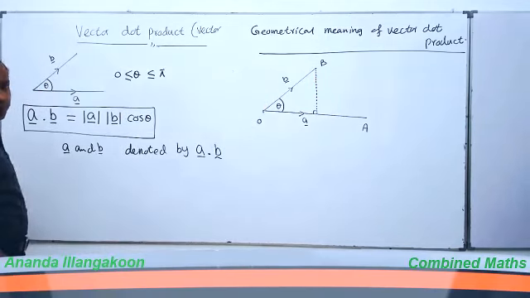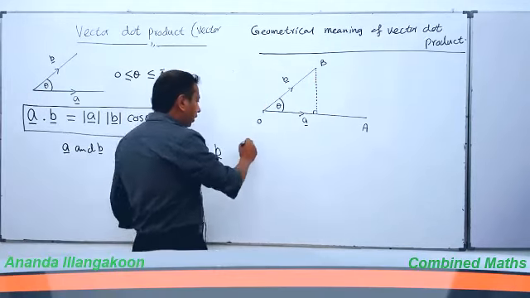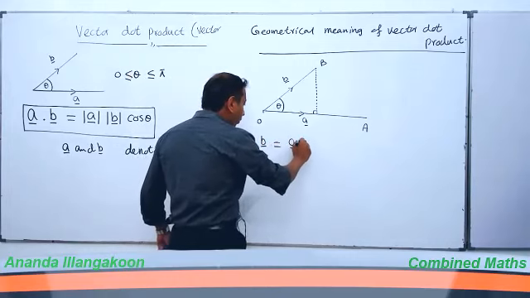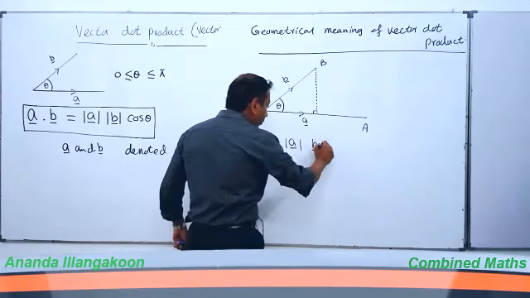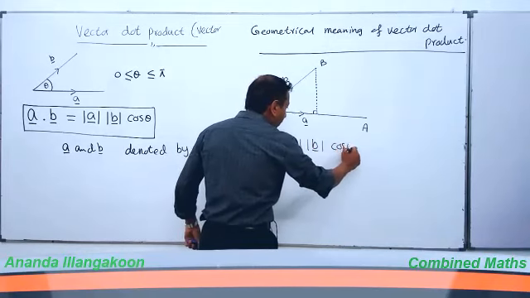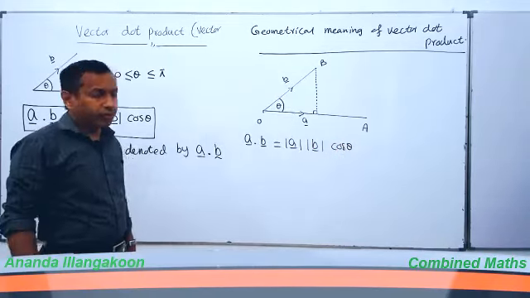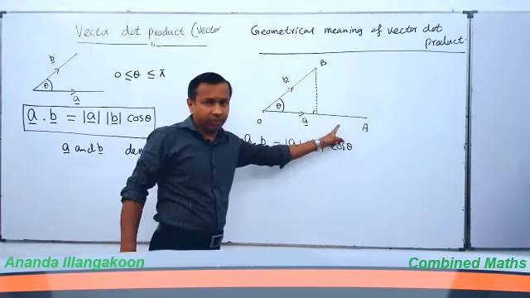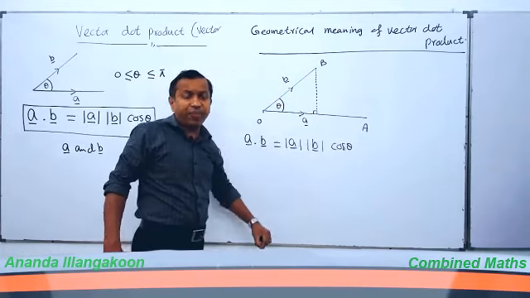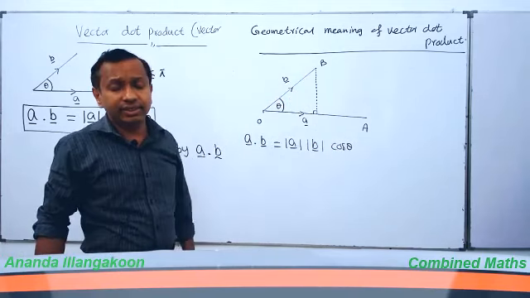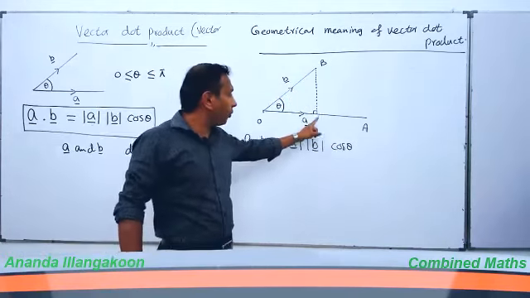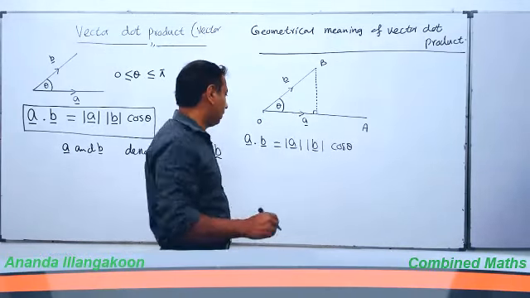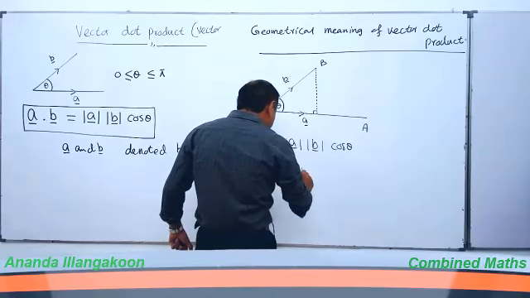Right. Now, A dot B I can write. A dot B, what is it, people? Modulus of A times modulus of B times cos theta. What is modulus of A? A is this vector. Modulus of A means OA length.